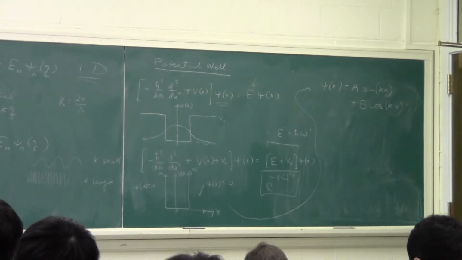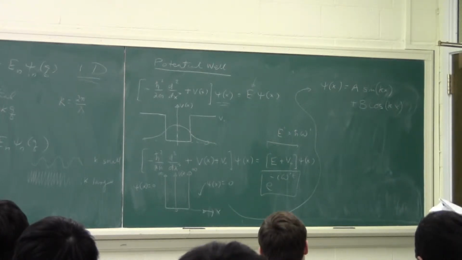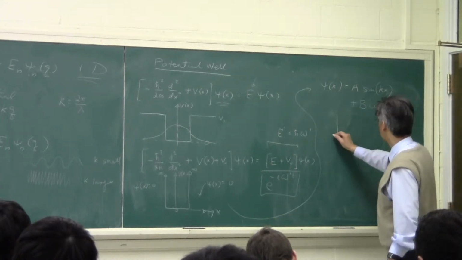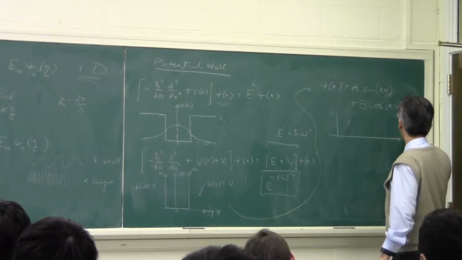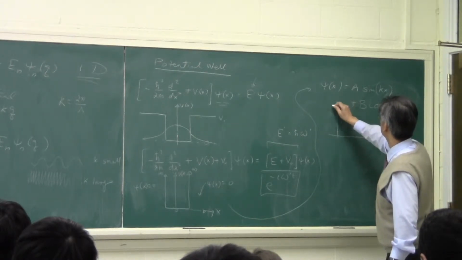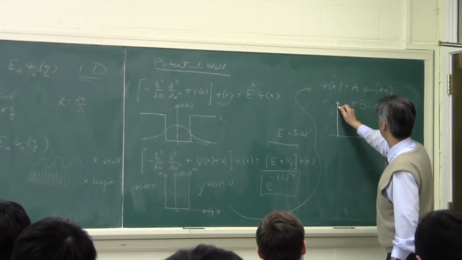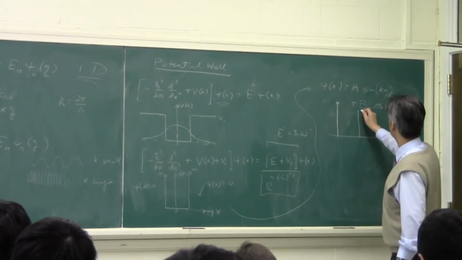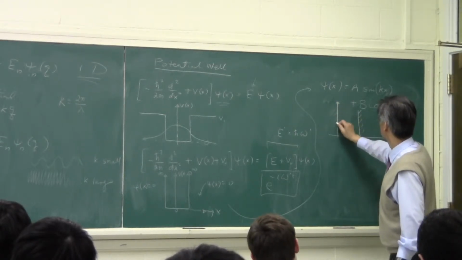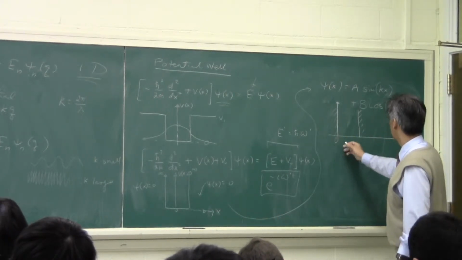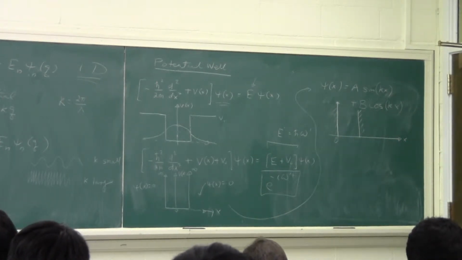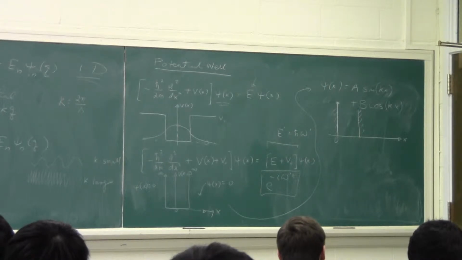And then let me shift this coordinate system so that I work with this problem in this manner, so that the origin corresponds to one of the walls. I have this thing.